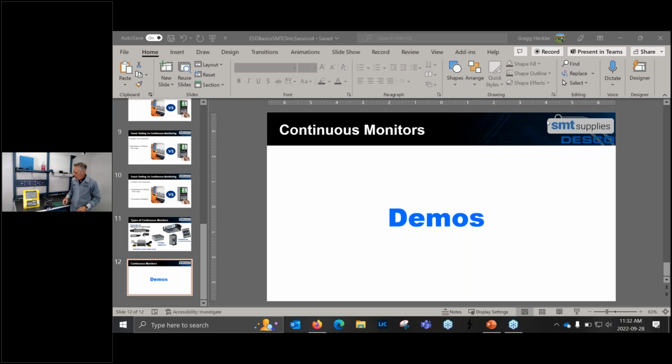So when it comes to continuous monitoring, I have a couple of different monitors here. I have a single work surface monitor, and then I have a dual operator monitor, for two people, if you will.